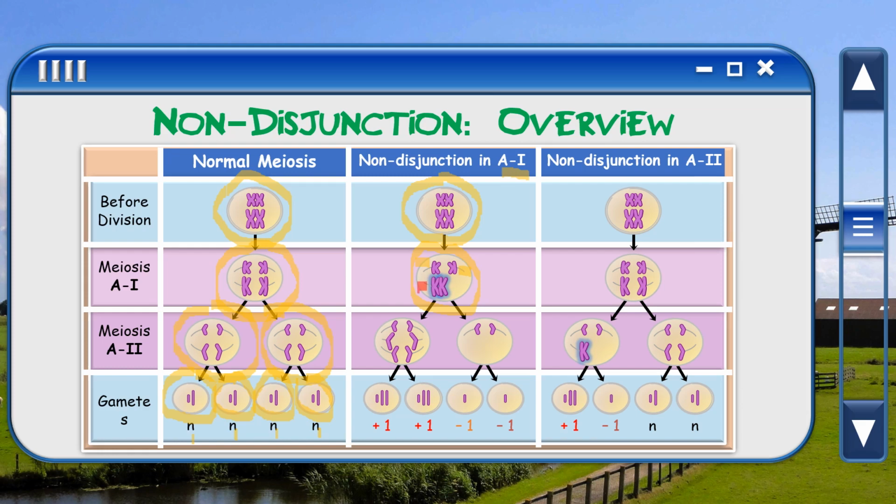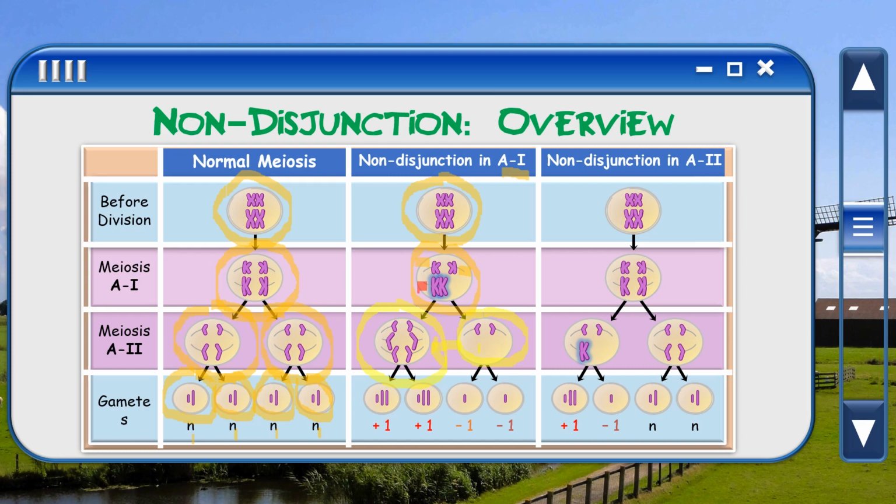So when we get our cells, you will see that this cell here has 3 chromosomes, and this side has only 1 chromosome. Meaning that the one which was supposed to be here has moved to the other side.